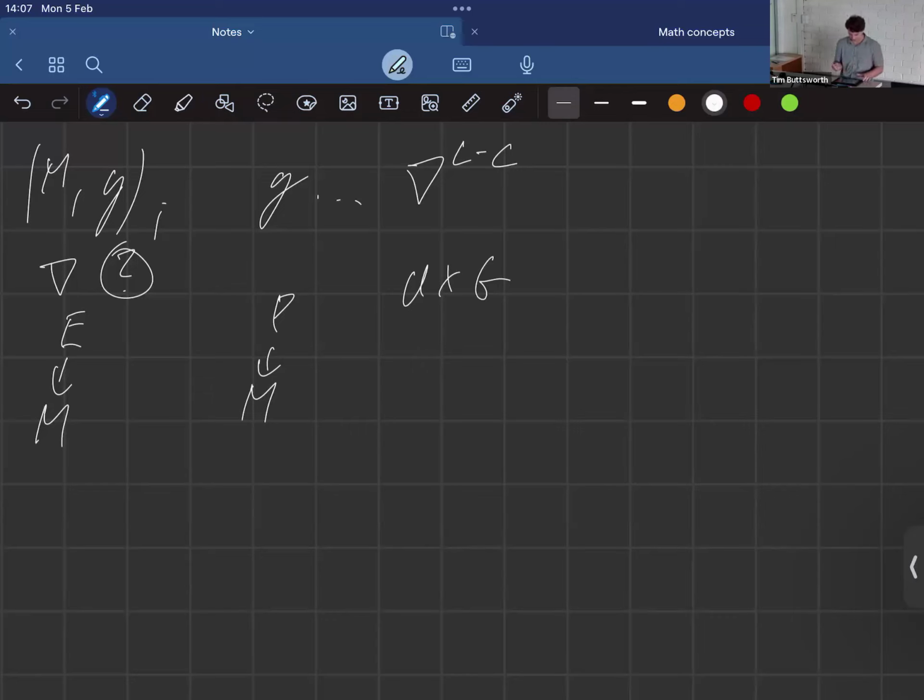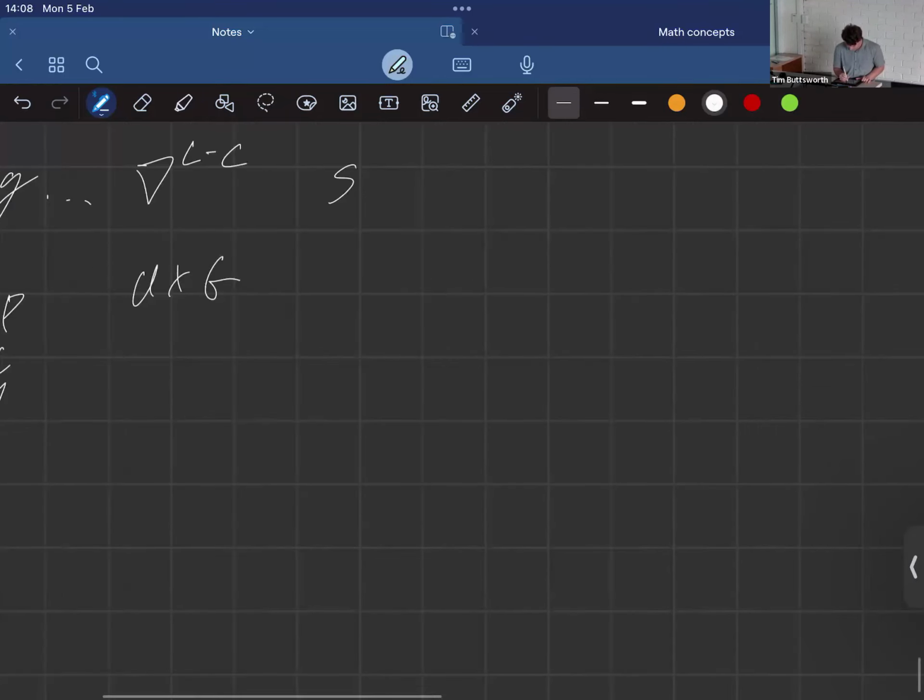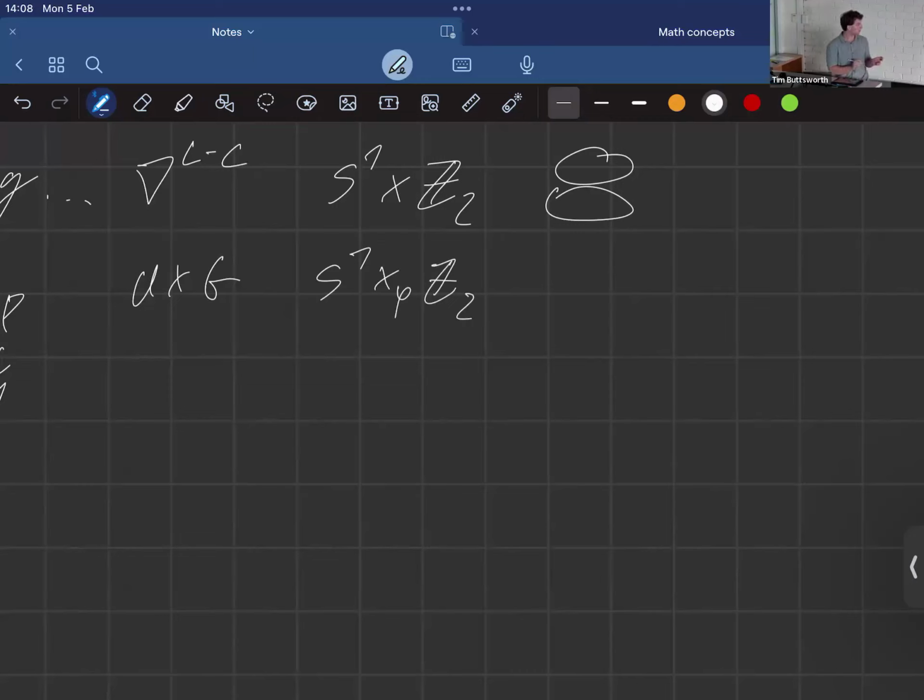The most basic example is if we consider S^1 times Z_2, two circles above each other, nothing special there. But we can also take S^1 times Z_2 with a twisted product, which is going to look like a figure 8, which again locally still looks like a product, but now it's topologically completely different.